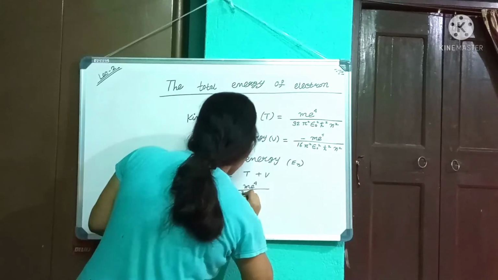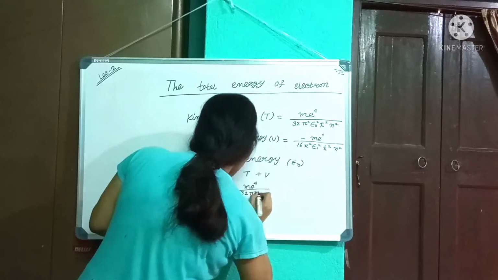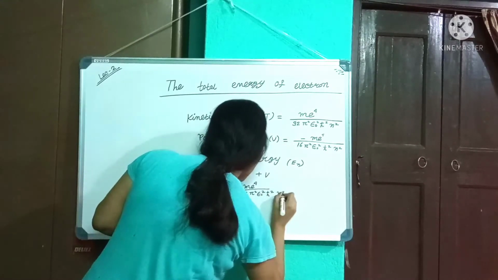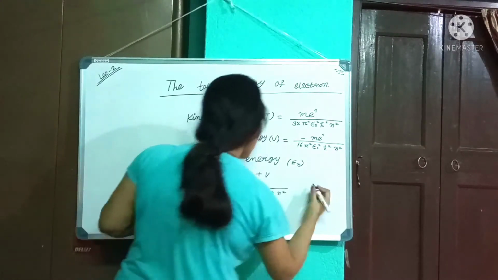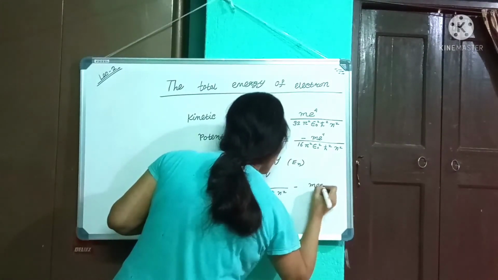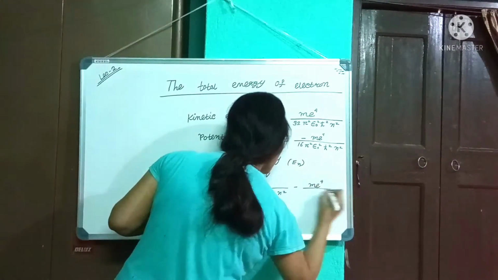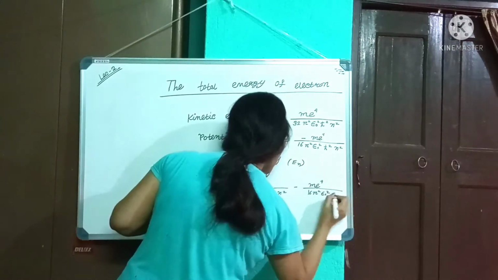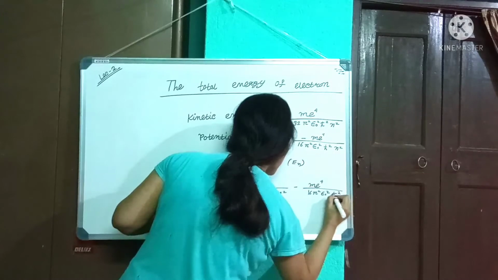Now En equals m e to the power 4 by 32 pi square epsilon naught square h cut square n square, minus the potential energy, that is minus m e to the power 4 by 16 pi square epsilon naught square h cut square into n square.